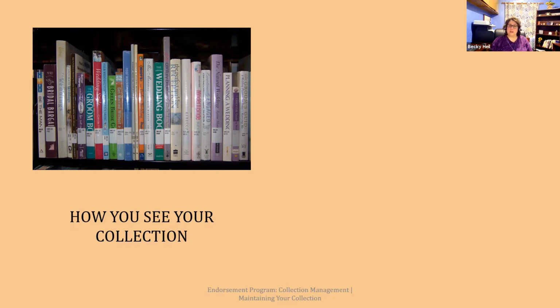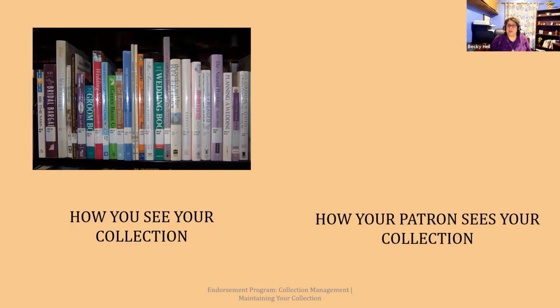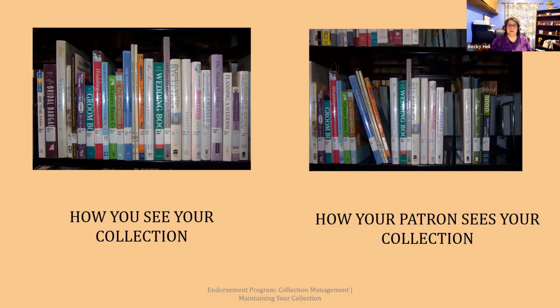The cataloged collection is how you see your collection. It's the librarian selected collection. How you see it is illustrated on the left. A nice clean shelf with every book that you purchased on weddings on the shelf. The shelved collection is how your patron sees it.